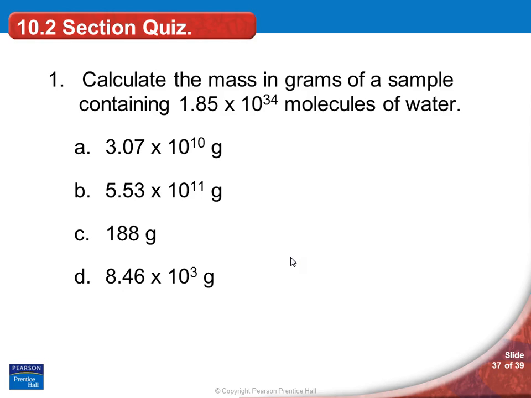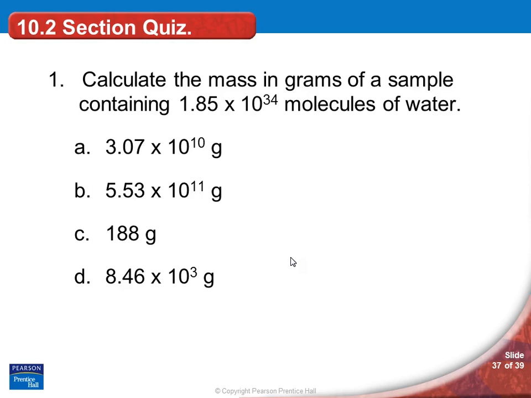So we have count. We have this 1.85 times 10 to the 34th molecules, right? What do I multiply that by? 6.022 times 10 to the 23rd. Because notice I'm going from count to moles, so I divide by Avogadro's number, 1 mole.